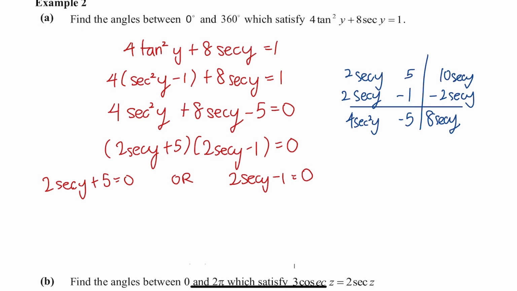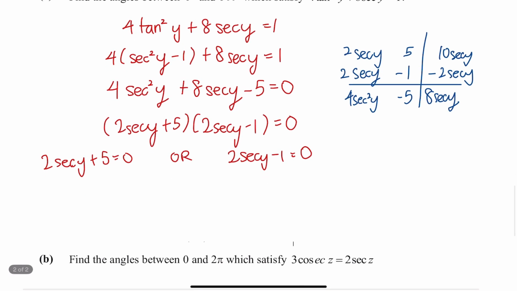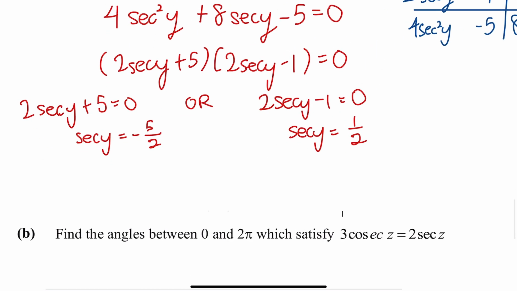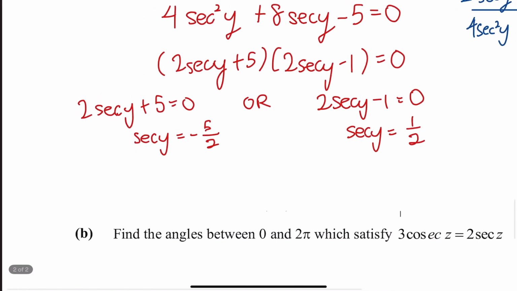Therefore, to solve this quadratic equation, I will simply make secant y the subject. So secant y is equal to negative 5 over 2. Over here, secant y is equal to a half. Therefore, we continue downwards from here. Remember, what is secant?